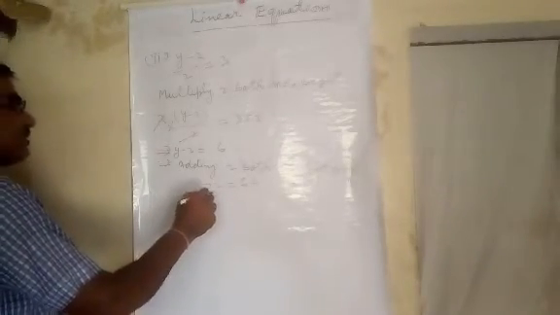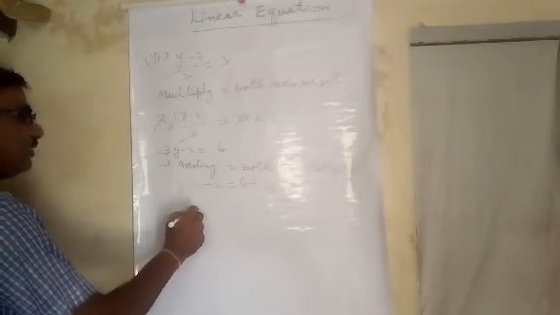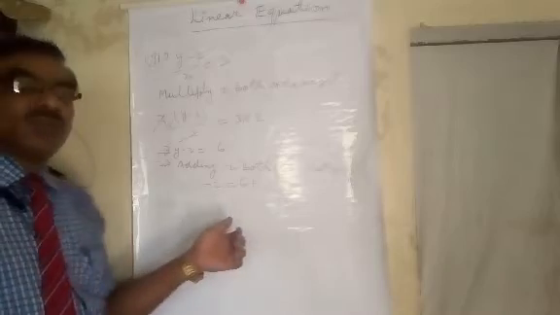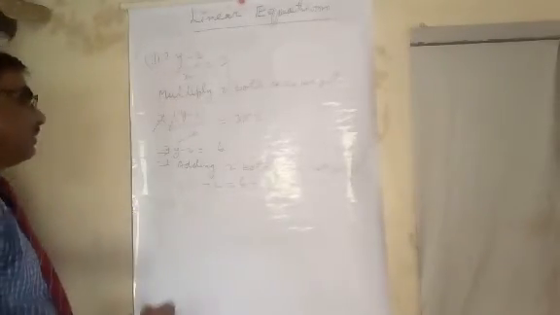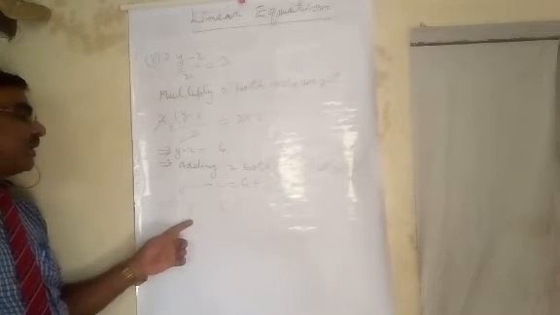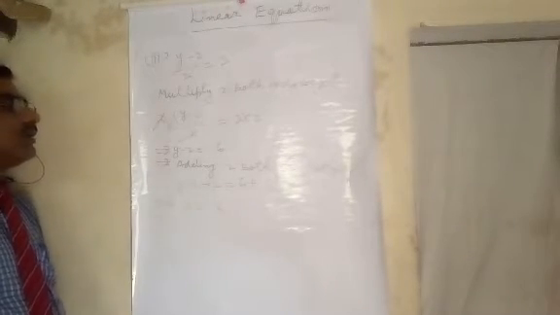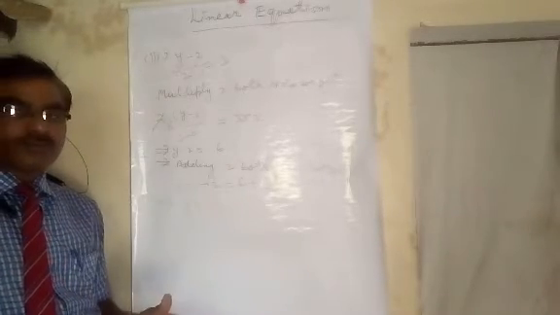Minus 2 plus 2 cancel. Therefore, y equal, when we add 6 plus 2, we get 8. Y equal 8. Therefore, y equal 8 is the solution of this equation.